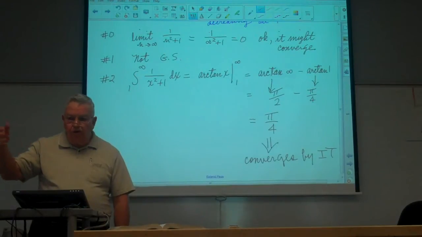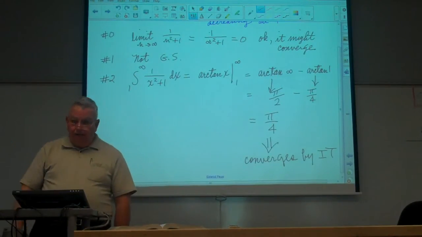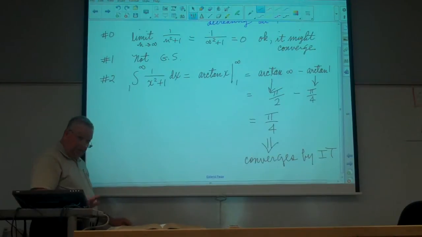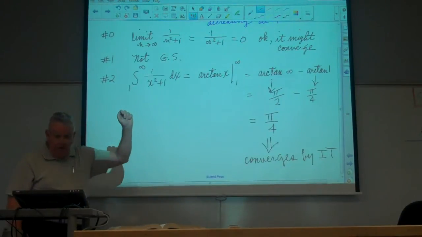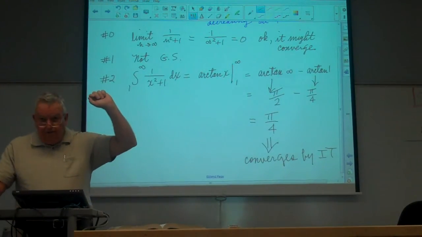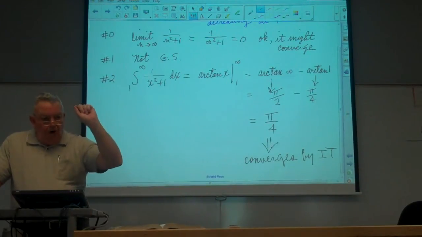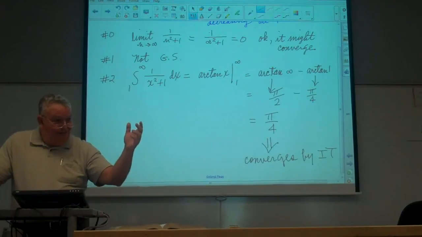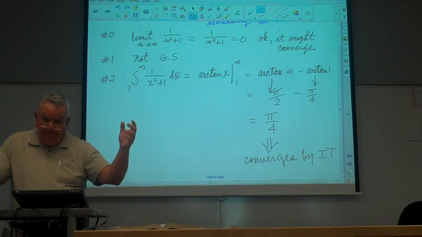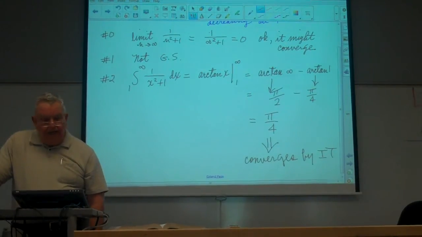I want you to name which test it is. By no means are you required to put number 0, number 1, and number 2. But if you were to do that, I would know that number 2 is the integral test. If you don't put that, just remind me that it's by the integral test.